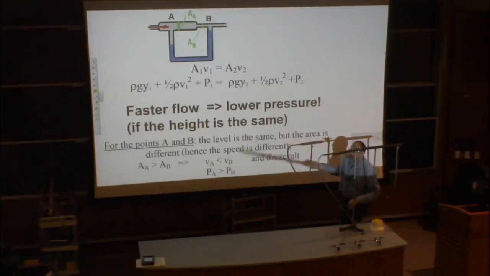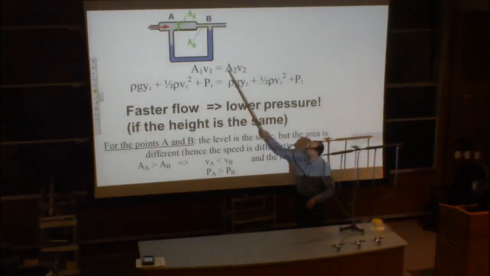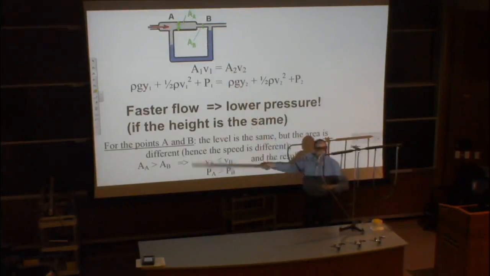Why? Because of this equation. If area becomes smaller, to compensate for that, speed should become higher. So when the pipe gets narrower and narrower, the speed of the flow is higher and higher.